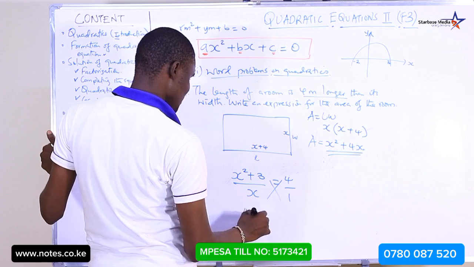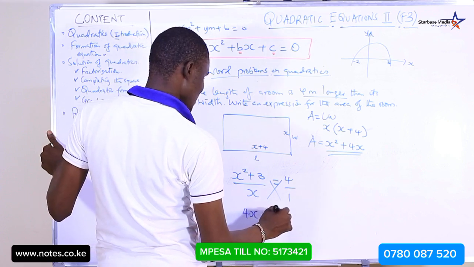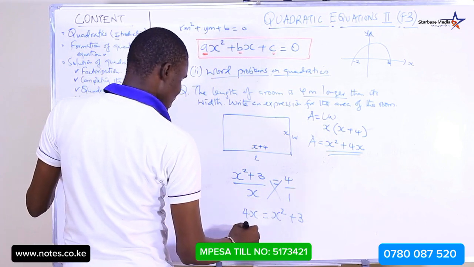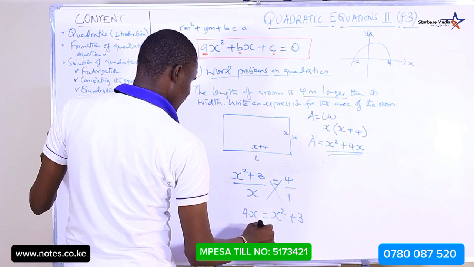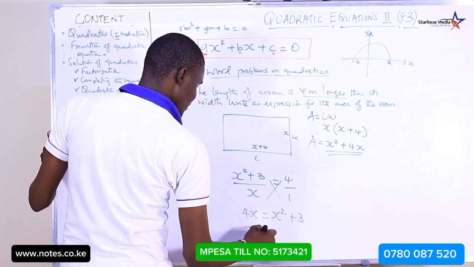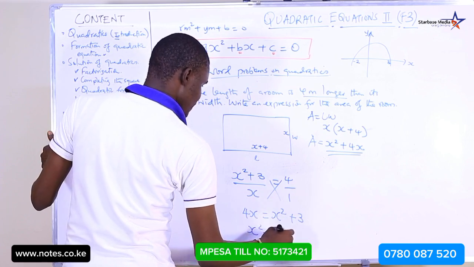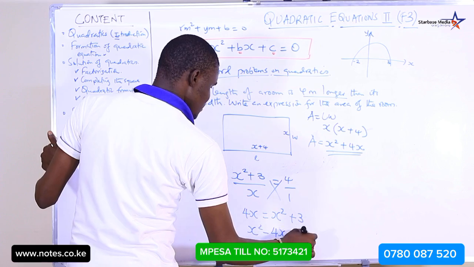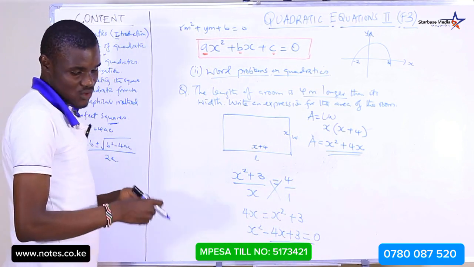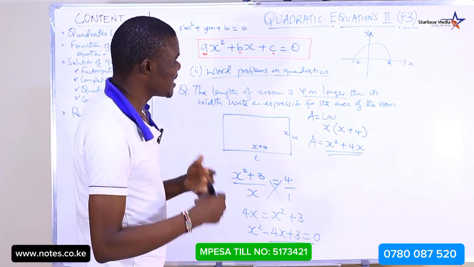You will have 4x to be equals to x squared plus 3. Look at what we are ending up with. We are ending up with x squared minus 4x plus 3. So we are going to bring this to the other side, is equals to 0. So you can form quadratic equations from anywhere.